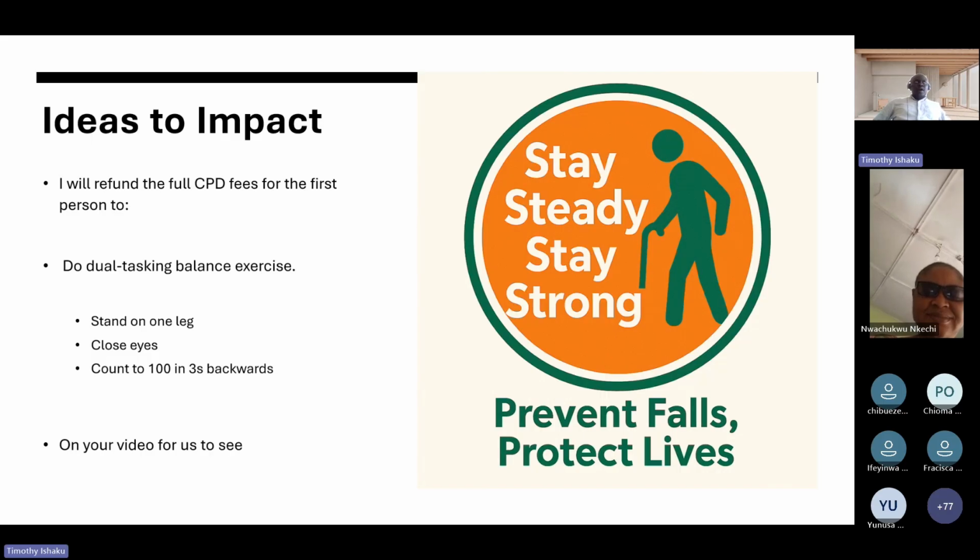Just to advise, make sure that if you have problems with your balance, please don't close your eyes. Don't stand on one leg if you have any injuries. It's not easy, Mubarak. Please don't do this if you have a problem with your balance. If you are swaying, if you are having problems even standing on one leg, please don't close your eyes.